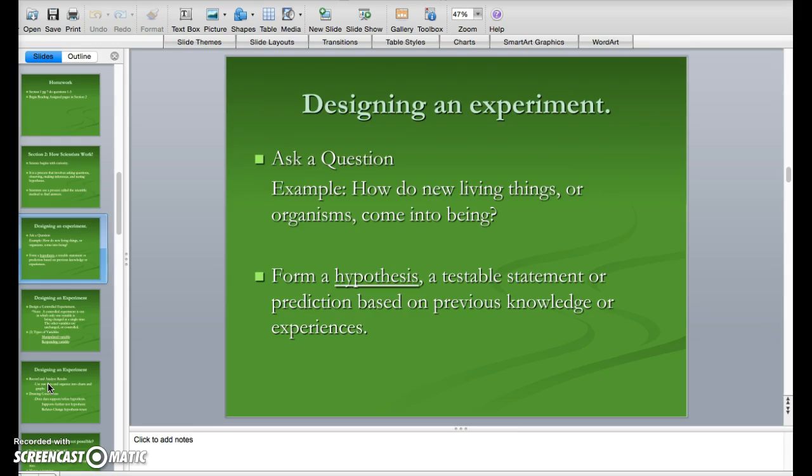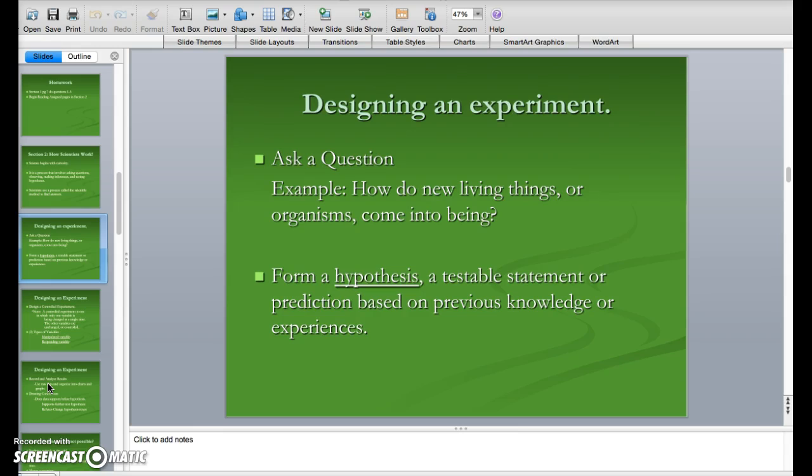And we base our hypotheses off of previous knowledge or experiences. So we take into consideration what we already know about that particular topic. And essentially, the hypothesis itself is going to answer the question of our experiment or the problem that we are seeking to find answers to.